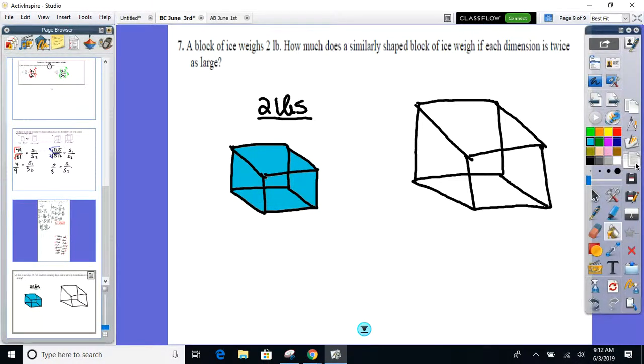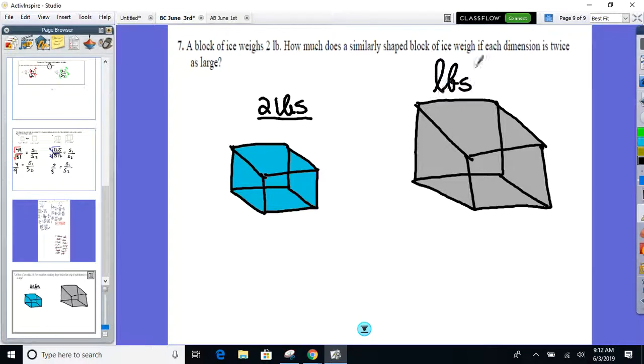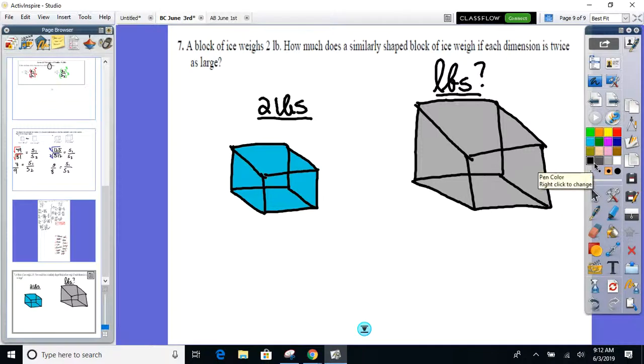Get on my level. Okay, what do we think here? If I'm just going to double, is it just going to be 4 pounds?